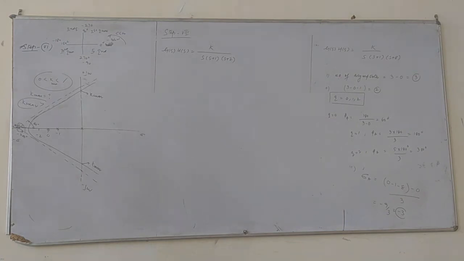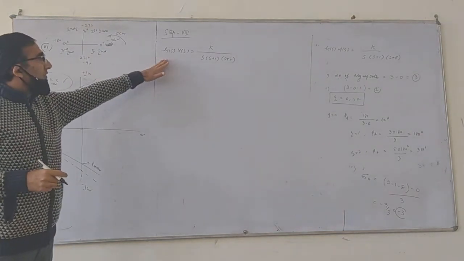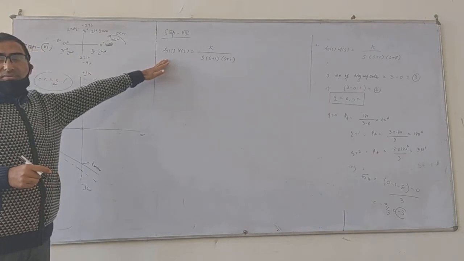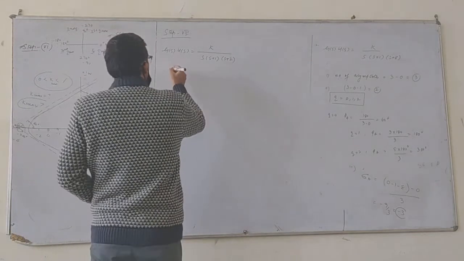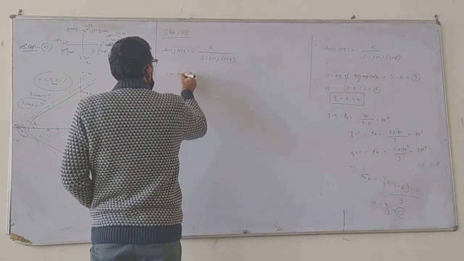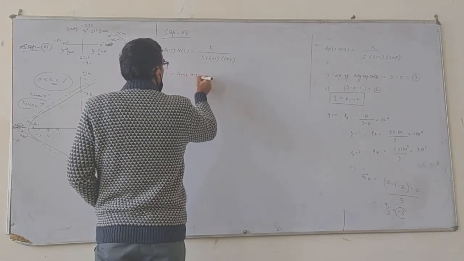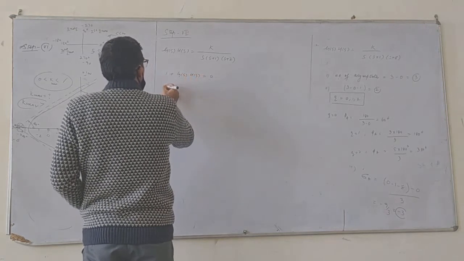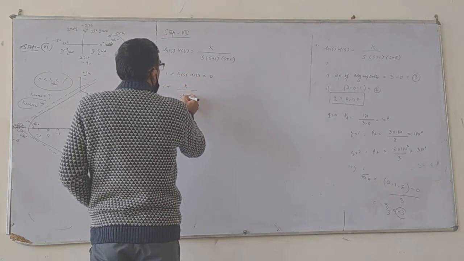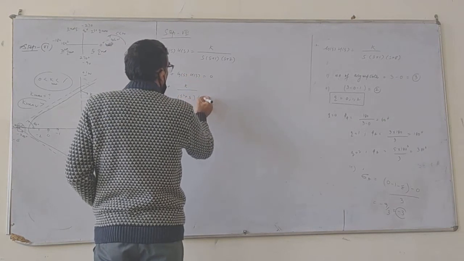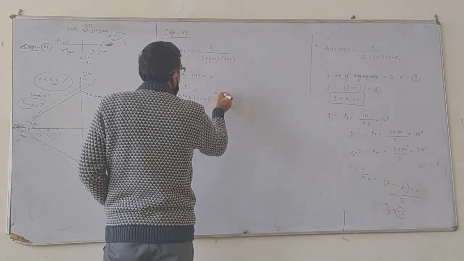Now what I have to do here, if I have a negative feedback control system, first of all I need to take the characteristic equation. The characteristic equation is 1 plus G(s)H(s) equal to 0. That means 1 plus G(s)H(s) is K over s square plus s into s plus 2.